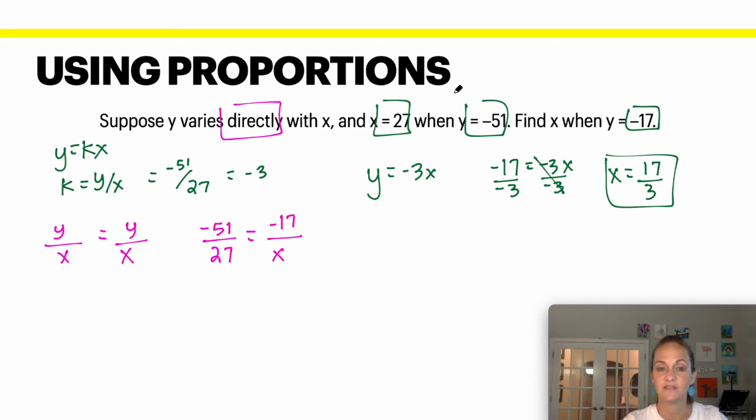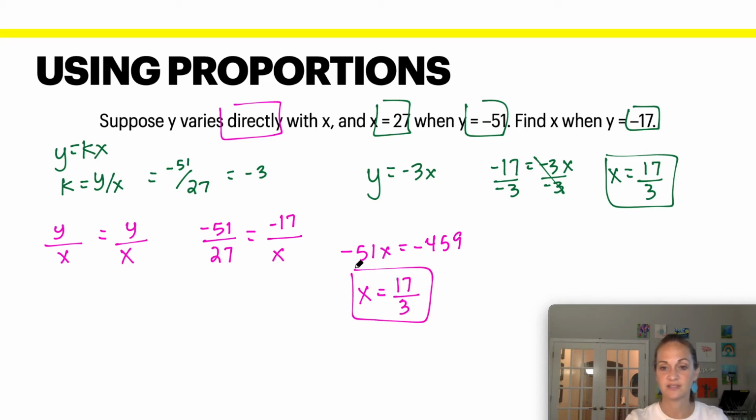So if y is negative 51 when x is 27, then y is negative 17 when x is what we're not sure of. You can cross multiply, leaving you negative 51x equals 27 times 17, which is negative 459. Divide both sides by negative 51, and it will reduce to 17/3. So you can actually create proportions from a direct variation.